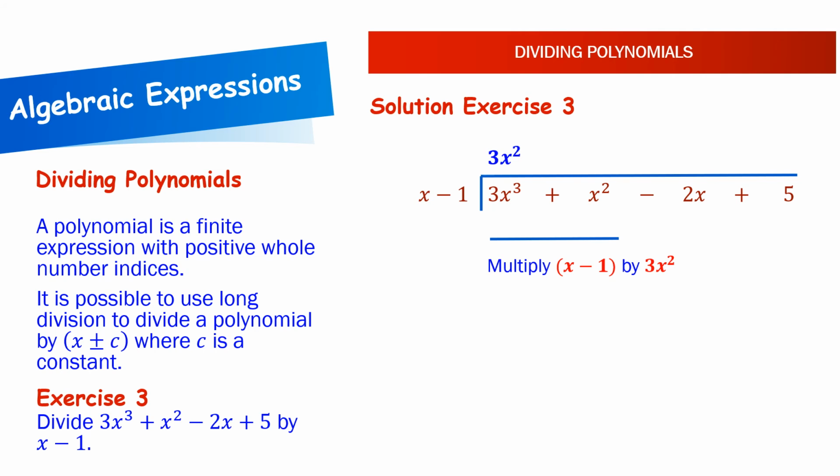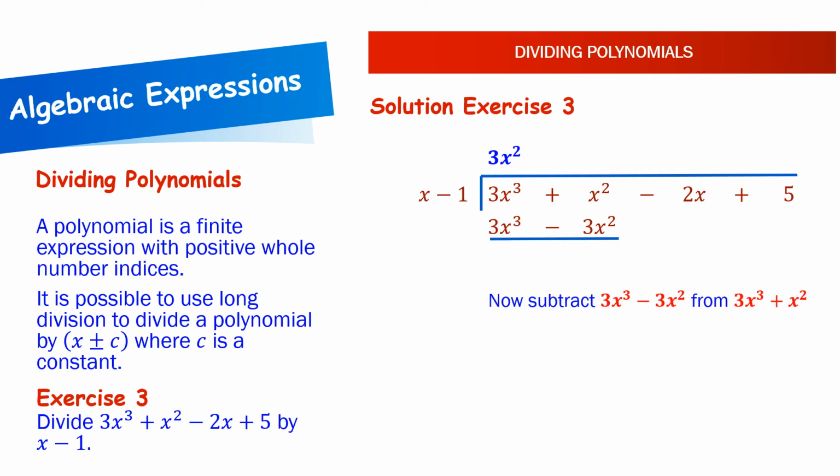Next, multiply this by x minus 1, to give 3x cubed minus 3x squared. Next, subtract to give 4x squared as shown.